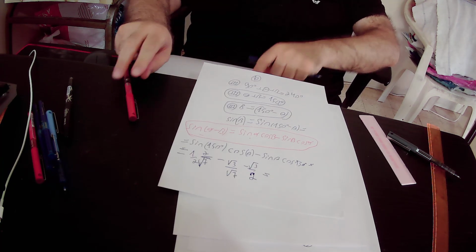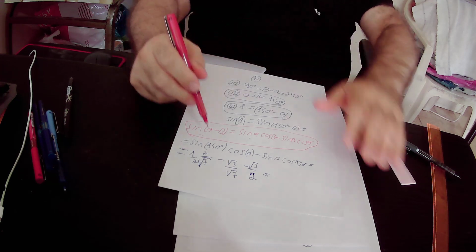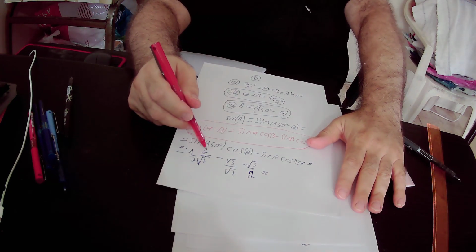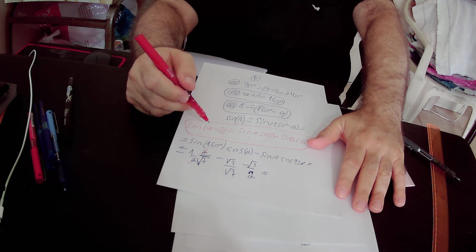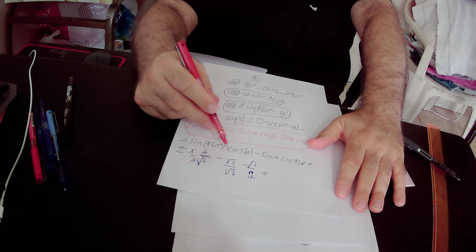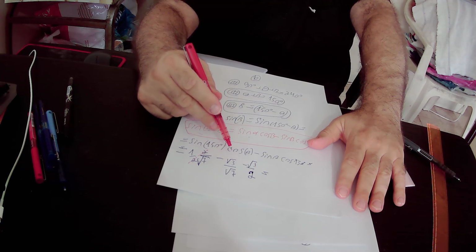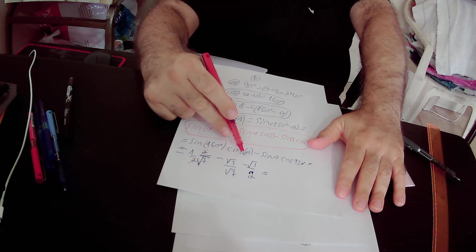Here we have 2 over 2, the 2 is cancelled, and minus times minus is plus, and root 3 times root 3 is 3.